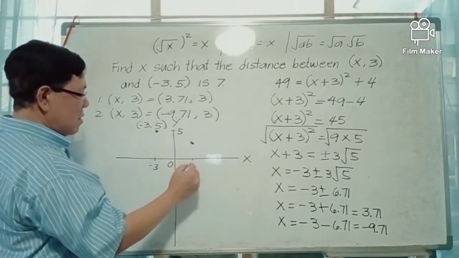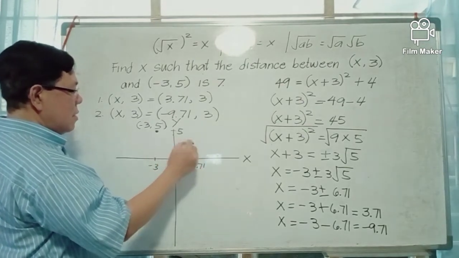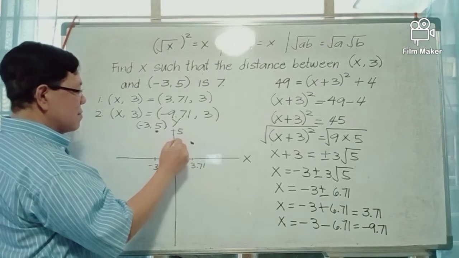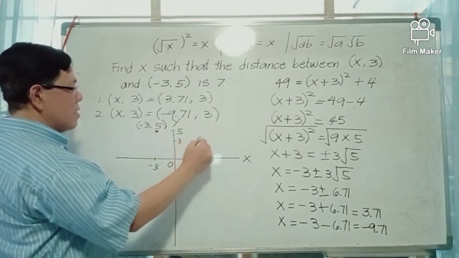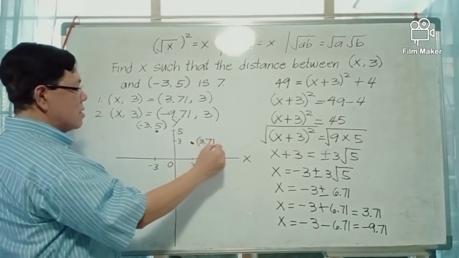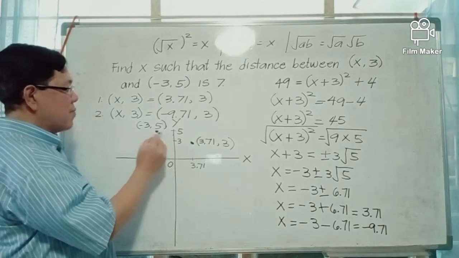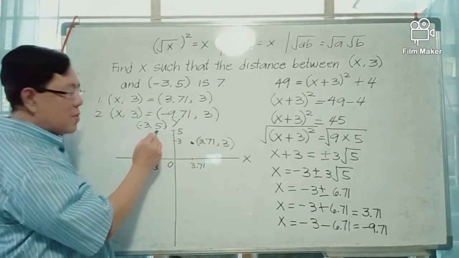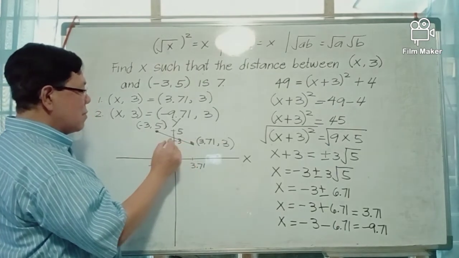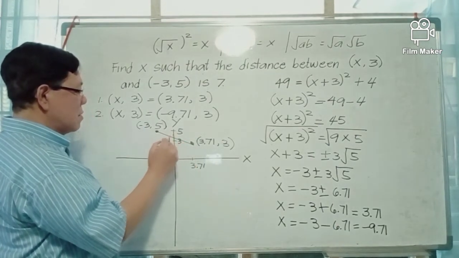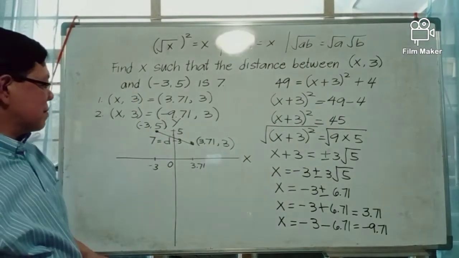This is positive 3.71, and this is 3. This is the first point, (3.71, 3). The distance of this point from the point (-3, 5) is 7 units, which we denote by small d.